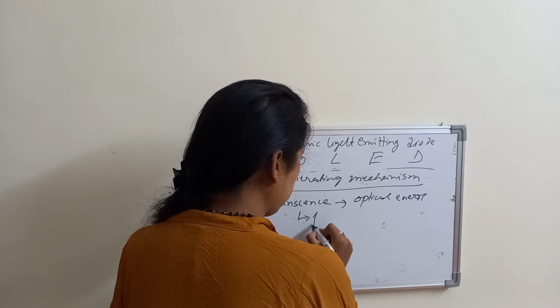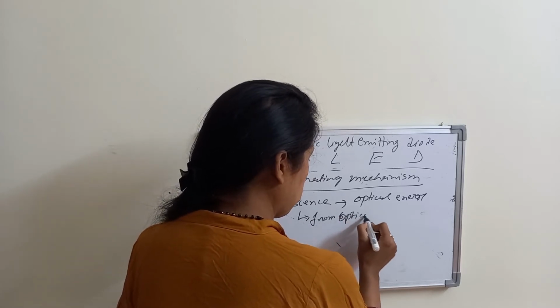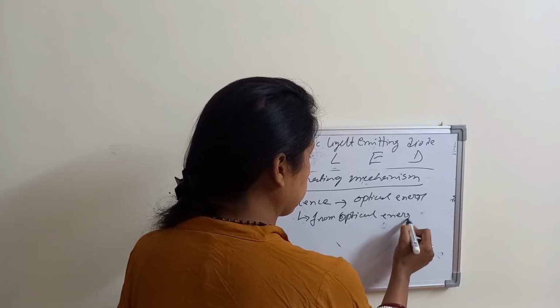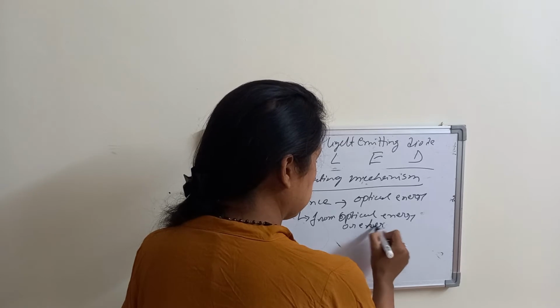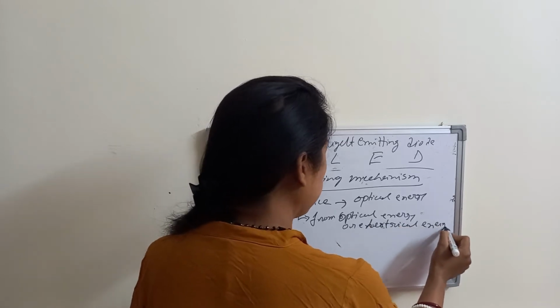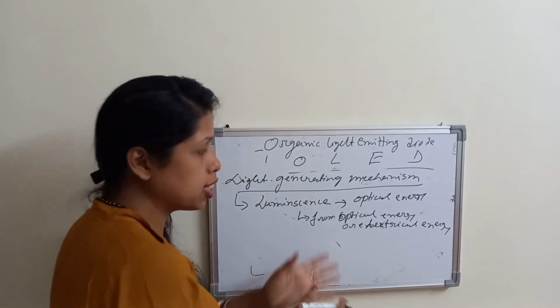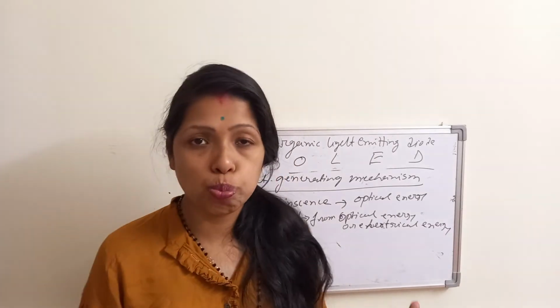That means the total mechanism is to get optical energy or light from optical energy or electrical energy. Based on this, the luminescence mechanism is divided into two parts.